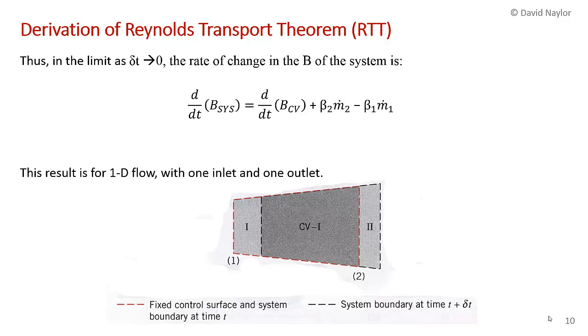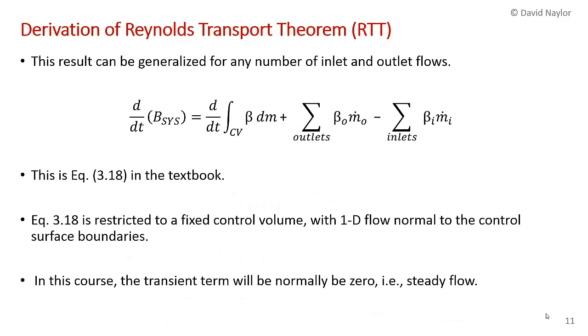So this result is clearly for one-dimensional flow with one inlet and outlet. But we can easily generalize this. This result can be generalized for any number of inlet and outlet flows as follows. So in the general case, the total rate of change of B within the system, that's the fixed quantity of mass sweeping through the control volume, is the rate of change of B within the control volume.